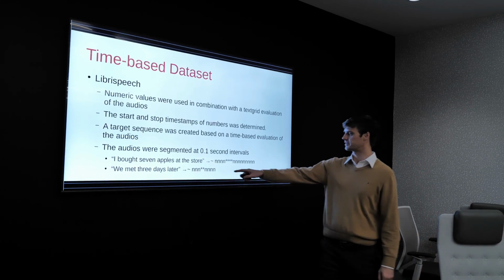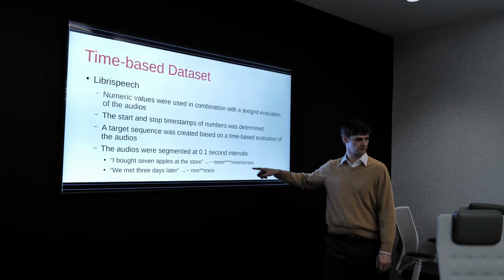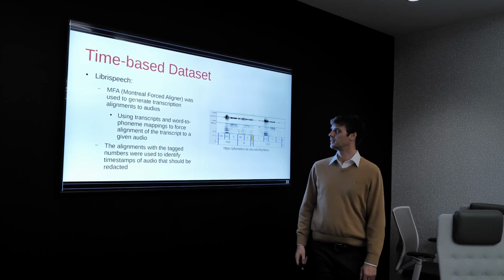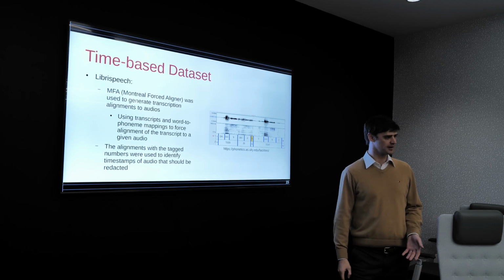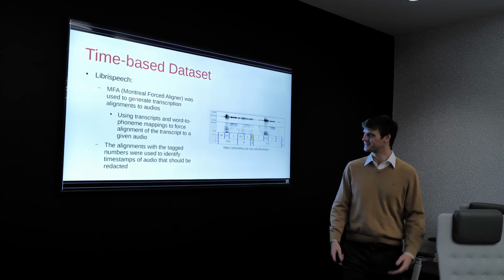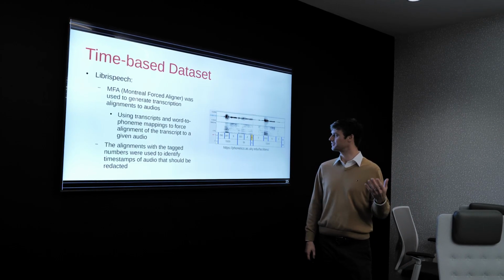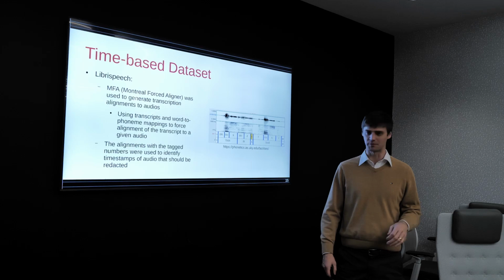And so I bought 7 apples at the store might show up more like this, depending on how long it took me to finish these words. Again, this presents a new problem. I need to know where the words were in the audio. So this is a new problem to solve, and you can do it a few different ways.